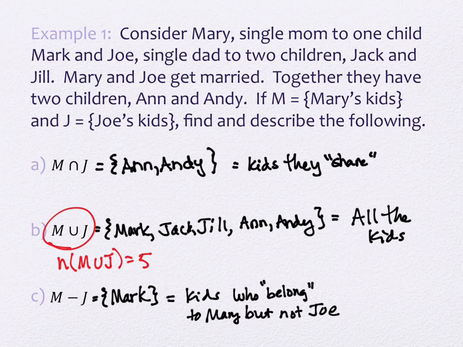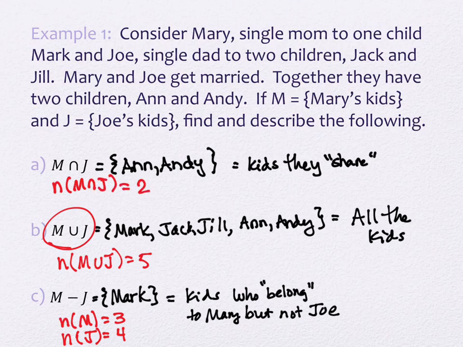We didn't actually write them out, but what is the number of Mary's kids? Should be 3. She had Mark and then Ann and Andy. What is the number of Joe's kids? More. He had 4. He had Jack and Jill, Ann and Andy. And what is the number in their intersection? 2, Ann and Andy.